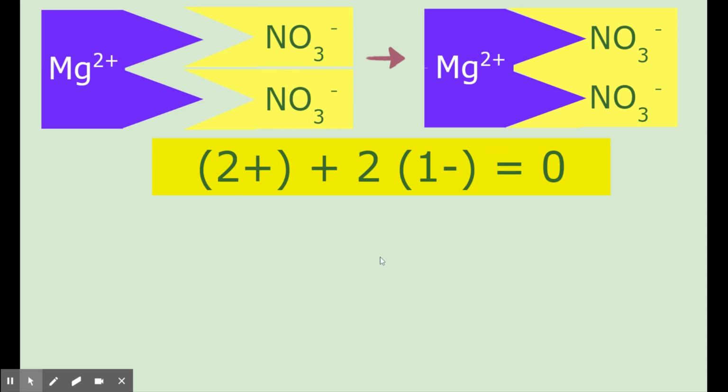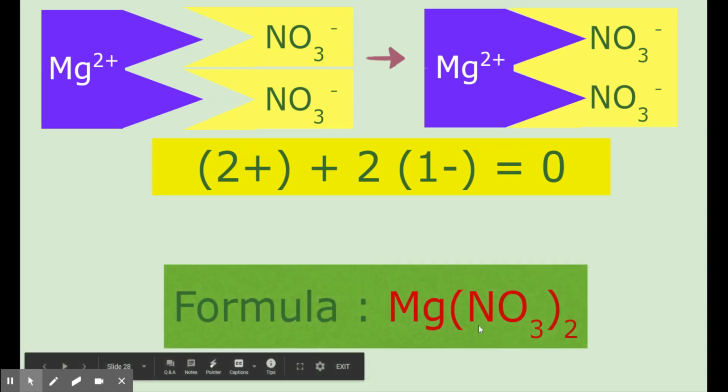But if we write MgNO32, then the overall thing could be confused as, oh, there are 32 oxygens? No, not really. So that's why we need the help of a bracket. The brackets mean that the ion inside is multiplied by the number on the lower right hand corner outside.